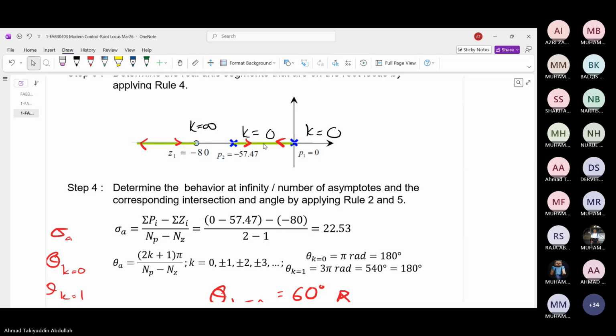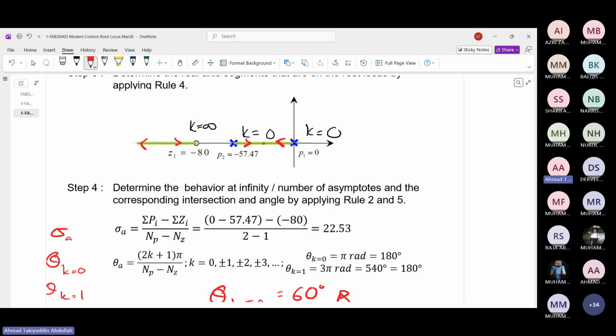No, sir. If we are going to have this behavior at infinity consideration in our plot, which means we are going to put this sigma A and as well as theta A in our consideration, how are we going to have it on the plot?